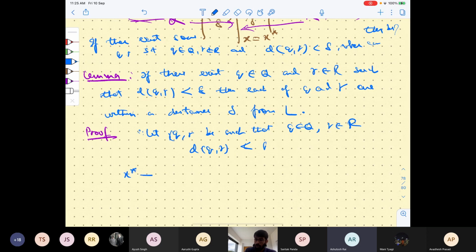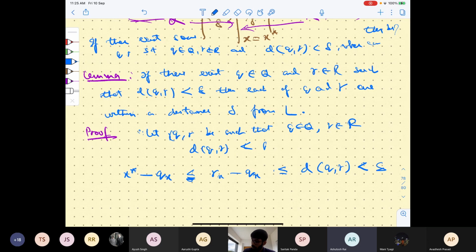X star minus Qx is less than or equal to Rx minus Qx, because R is on the right side of X star, and this is less than or equal to, in fact strictly less than, d of QR, which is at most delta. Again, this is also strictly less than delta.